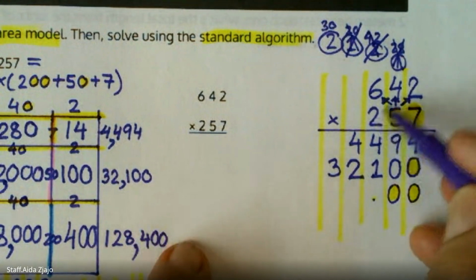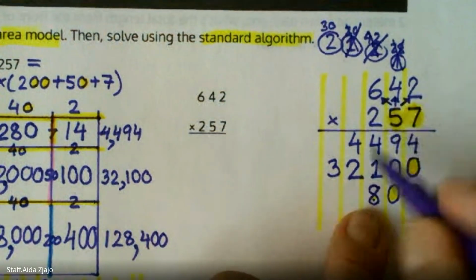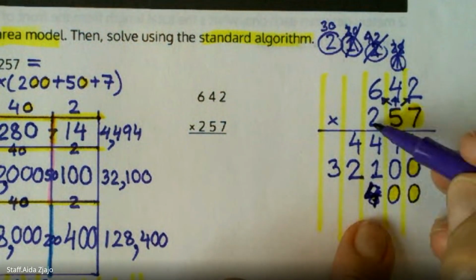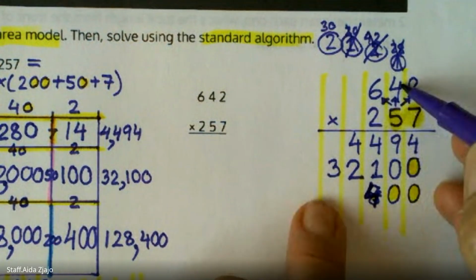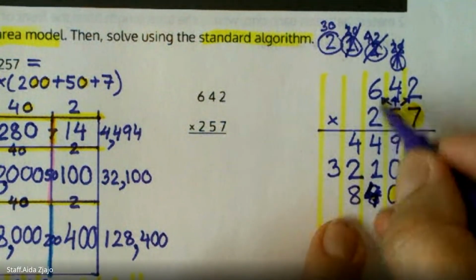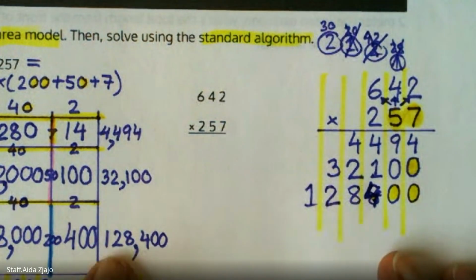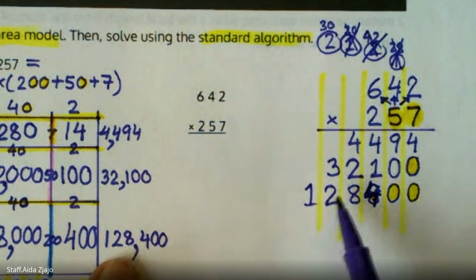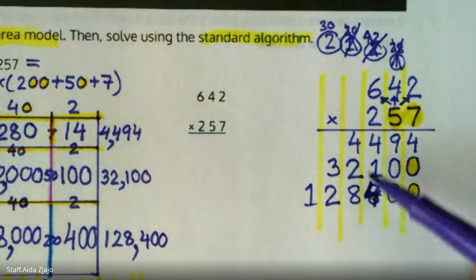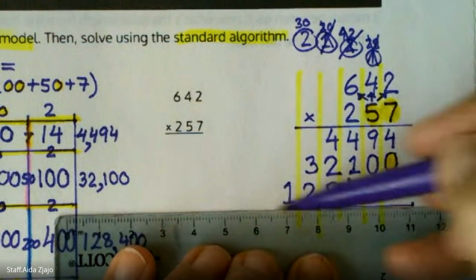Now I start with 2 times 2 is 4. 2 times 4 is 8. And 2 times 6 is 12. And that has to come up with the same 128,400. And it's correct. I just don't put a comma yet because I like to do it at the end.